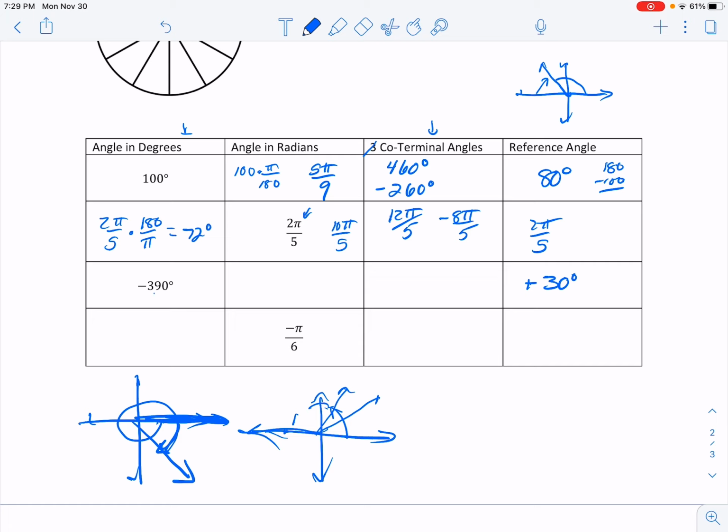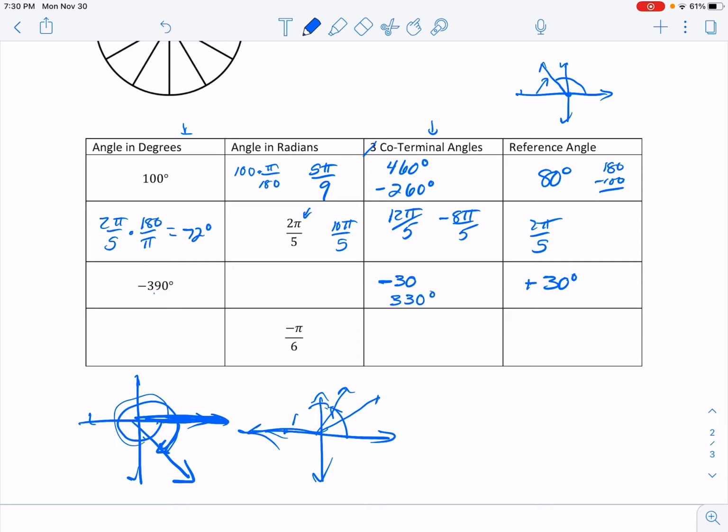If I subtract 360 from that, I get negative 30. If I add 360, I get, let's subtract 360 again, and you get 330. Go this way is 330.